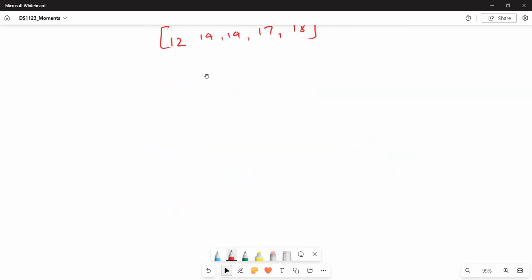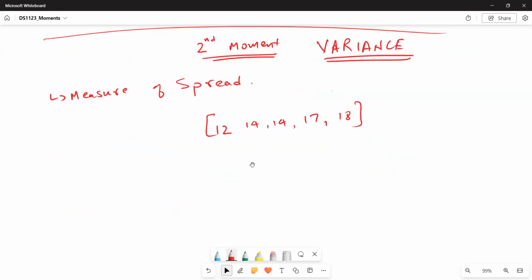Now, the second moment, which is variance, is represented using VAR. The formula here is the summation of x i, where i goes from 1 to n, divided by the total number of elements. This is the formula for mean. If you take the square of every value before adding them, it becomes the formula for variance.